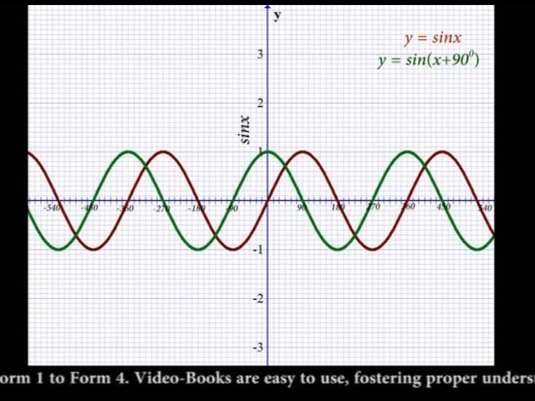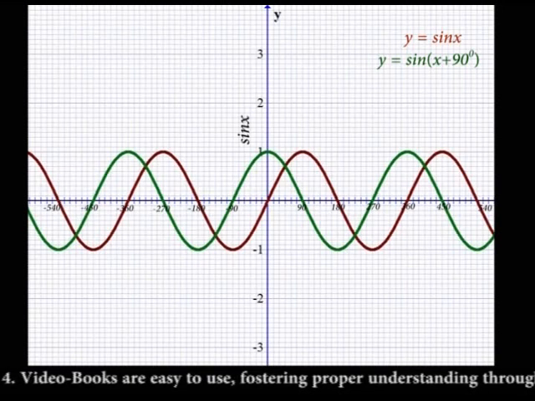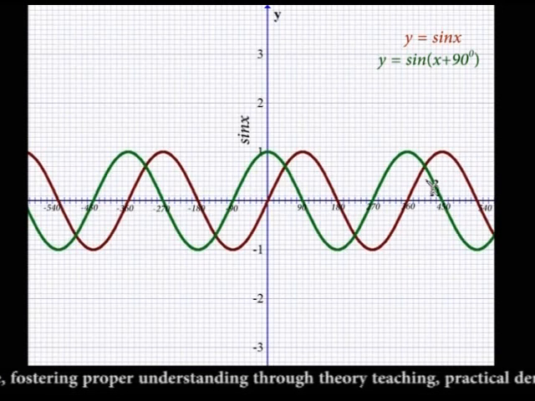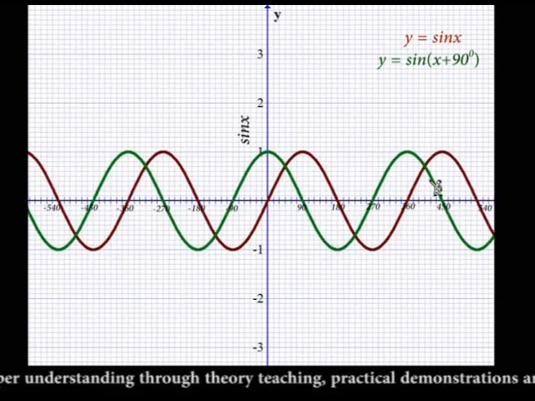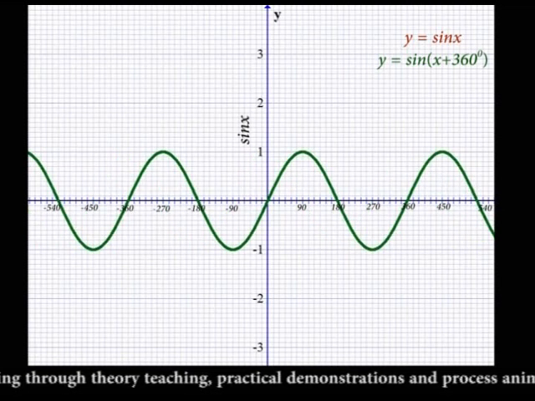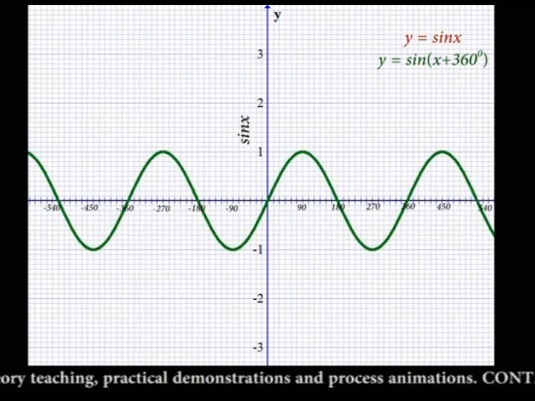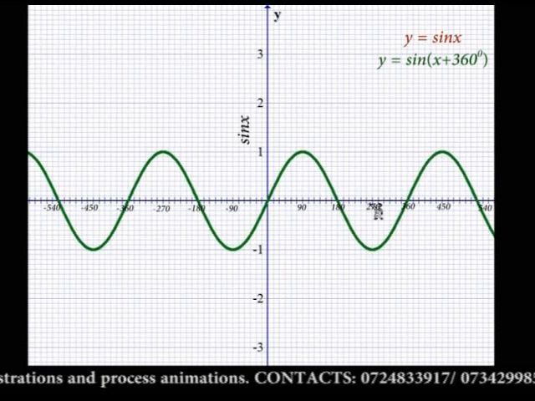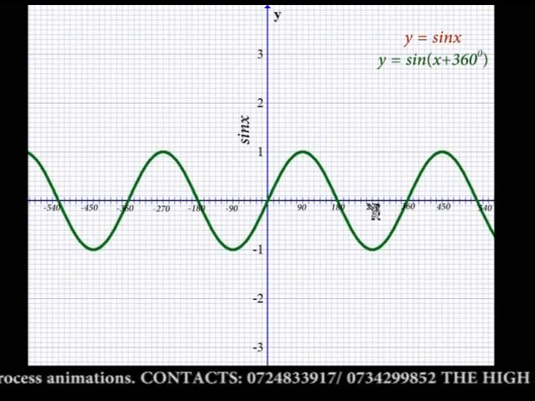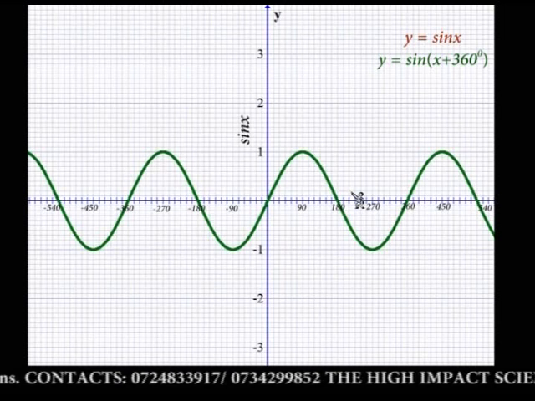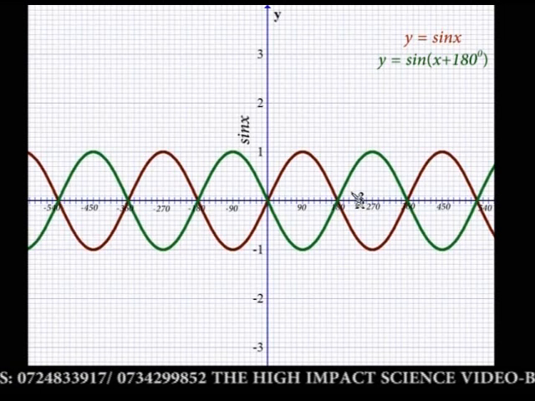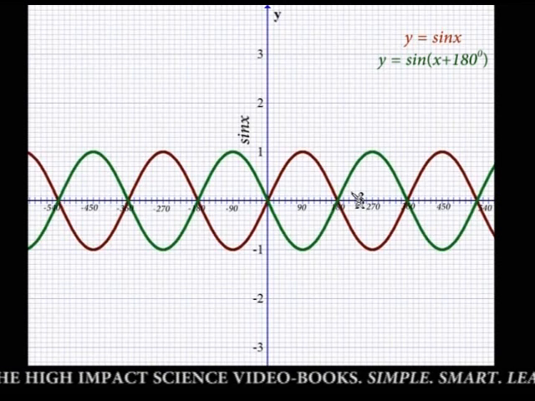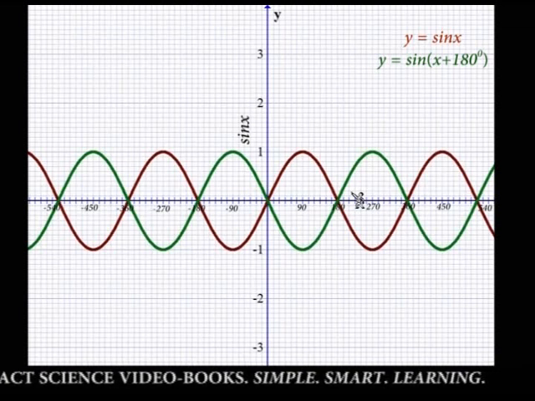But as always with these trig functions, there will be a few transformations that lead to similar results. Consider shifting the graph by 2 pi radians or 360 degrees. Because 360 degrees is our period, if we shift an entire period, we will land at the same exact graph. If we shift by 180 degrees, here's a result we've seen several times before: a reflection on the x-axis and a reflection on the y-axis.